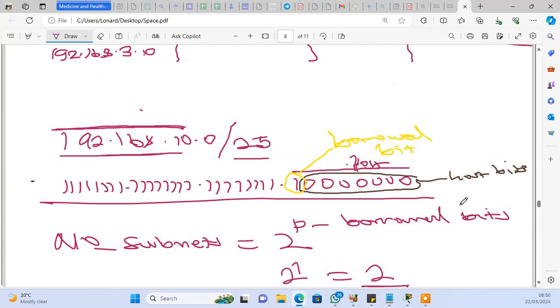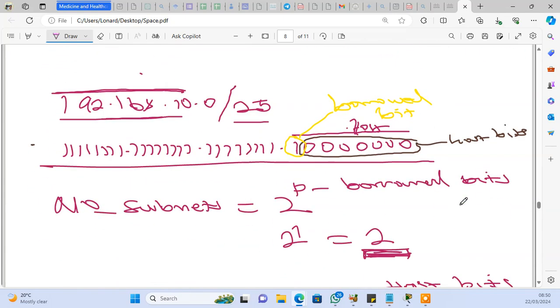So the host bits in an octet boundary, this is our octet boundary, the whole of this.